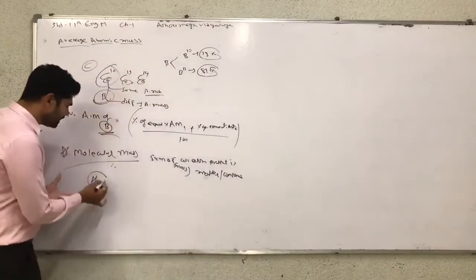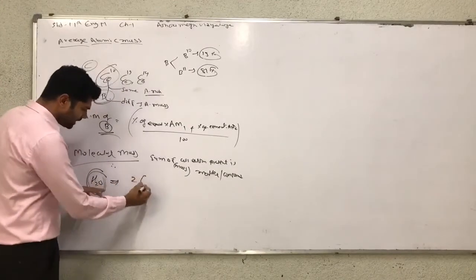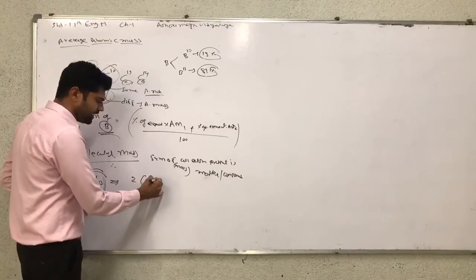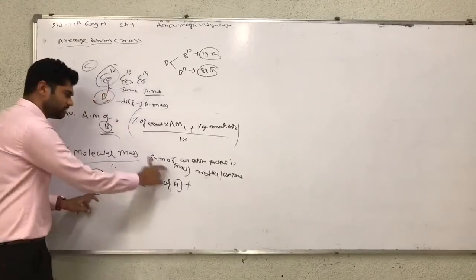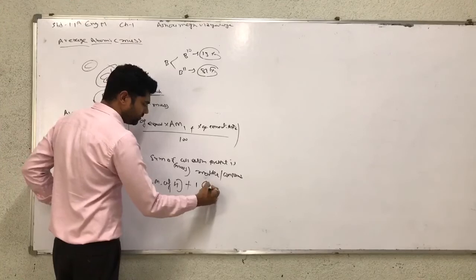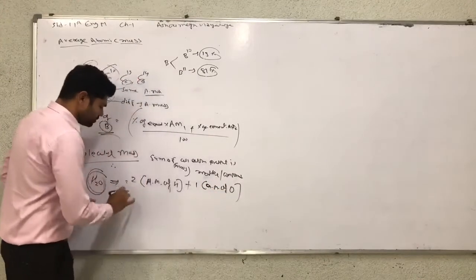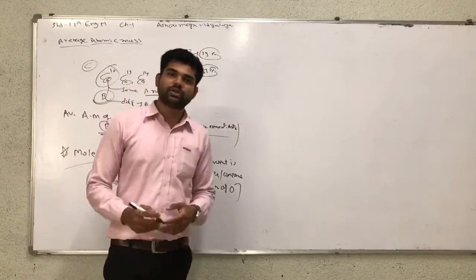So find the value of H2O. How many H? Here 2 atoms, so multiply by 2, the atomic mass of hydrogen, plus oxygen. Oxygen is 1, therefore the atomic mass of oxygen. So remember most atomic masses like carbon, nitrogen, oxygen.